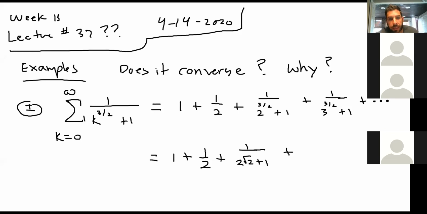It doesn't really mean anything that you can tell me what this is, because this has nothing to do with whether it converges or diverges. But you might remember that 3 cubed is 27, and 27 is 3 times 9. So you could write this as 3 root 3 plus 1. And then, of course, this goes on forever.